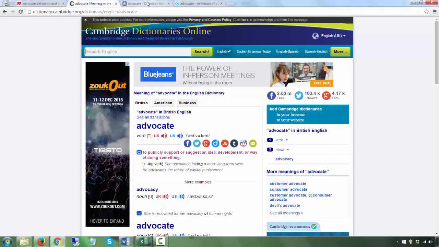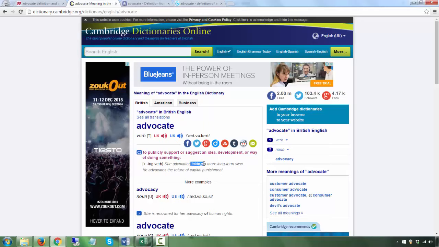Well, basically, every dictionary has their own reasons why they're including this pattern or not. Basically, if you just find it in one of the dictionaries, it means it's probably not so common that every dictionary has got it in their entry. So anyway, Cambridge Dictionary has advocate plus ing verb. She advocates taking.